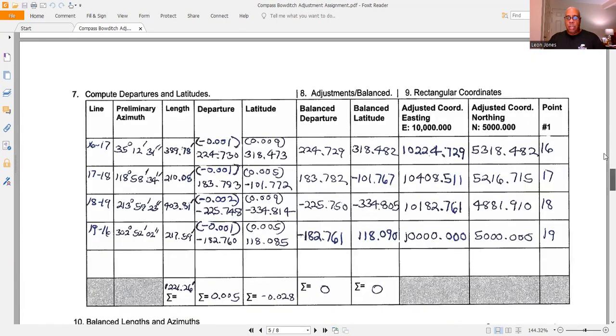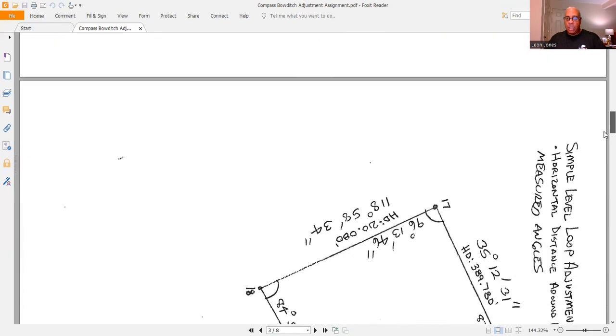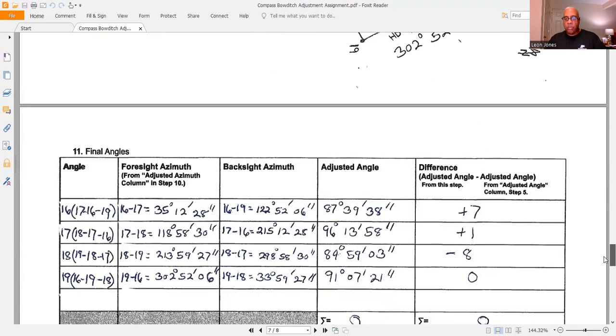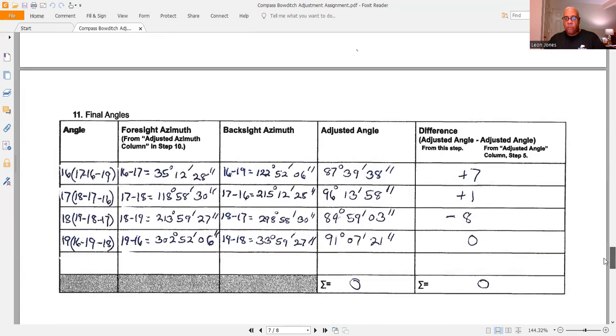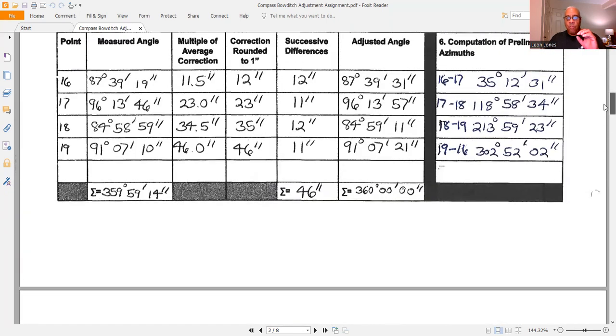Now, my first adjusted angle was 8459.11, but my final adjusted angle was 8459.03. So what did I do? I subtracted 8 seconds. Now, sometimes you don't have to do anything. My adjusted angle and my final adjusted angle are equal.